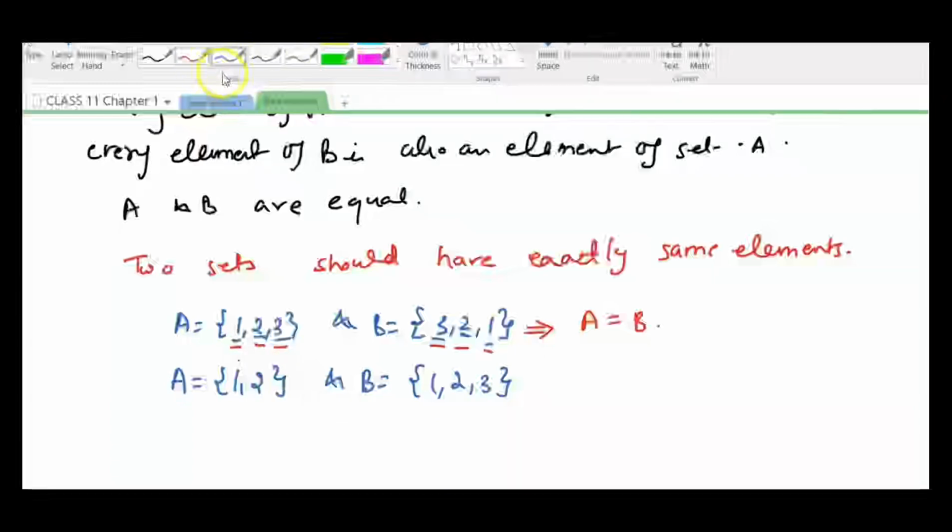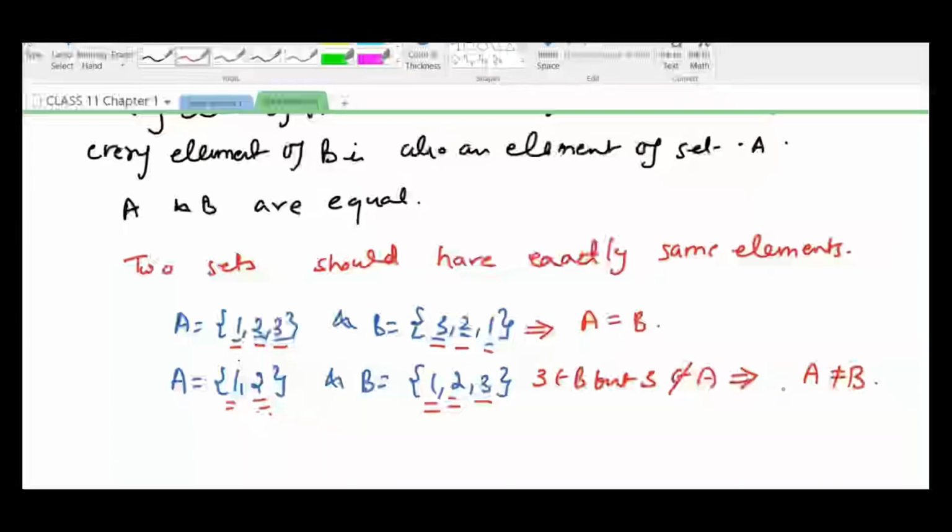Every element of set A, 1 and 2, is also in B. So every element of the set A is an element of the set B. Now let's see what about B. 1 is in B, 1 is in A. 2 is in B, 2 is in A. But 3 is in B, 3 is not in A. So 3 belongs to B, but 3 does not belong to A. So this means that A is not equal to B.